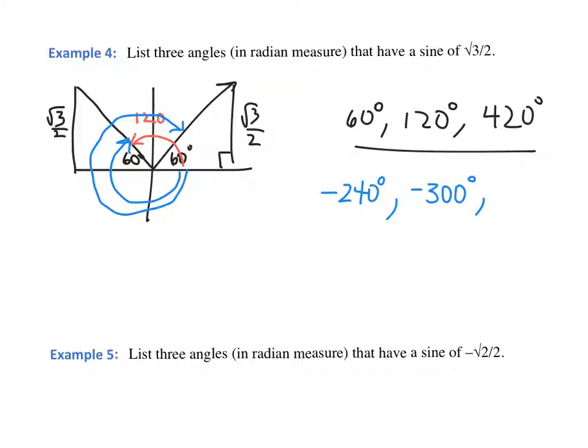So what's negative 240 plus negative 360? Negative 600. So I just wanted to show you how this one is a reflection across the y-axis because it's sine. The other one was reflection across the x-axis. And I wanted to show you how the positive and negatives did not just end up being the same. Okay? Questions? All right.